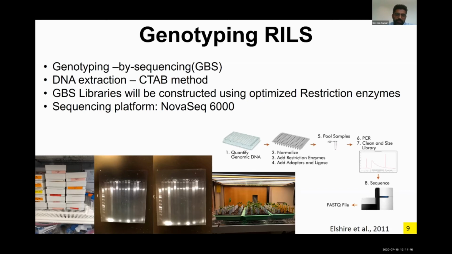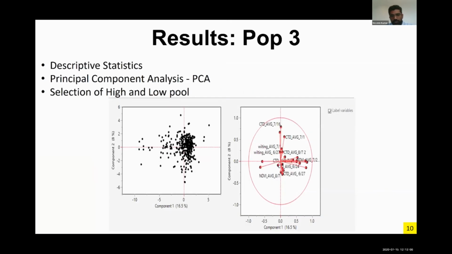This sequencing data is further analyzed to identify the genetic markers associated with drought in our germplasm. So after genotyping, I would like to discuss the results in population 3.